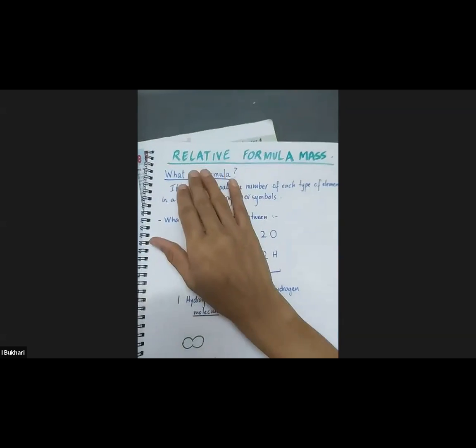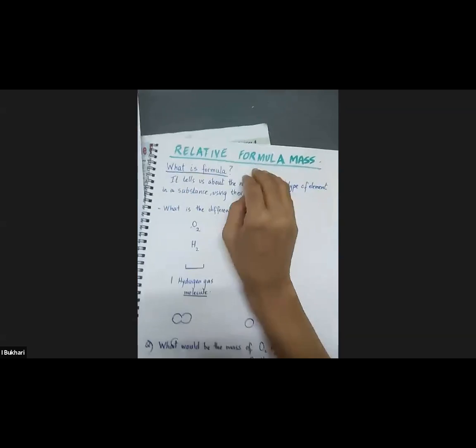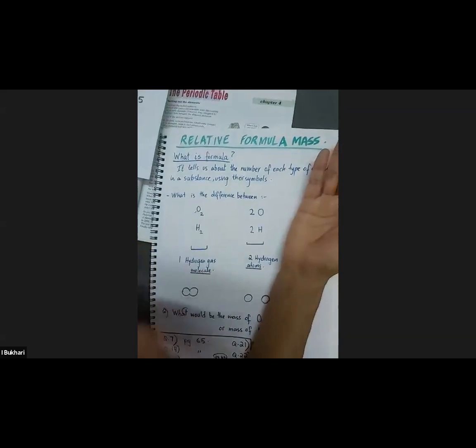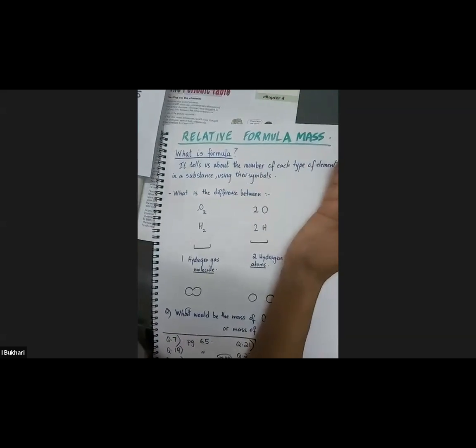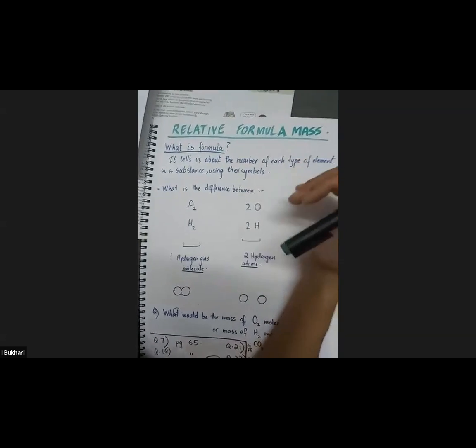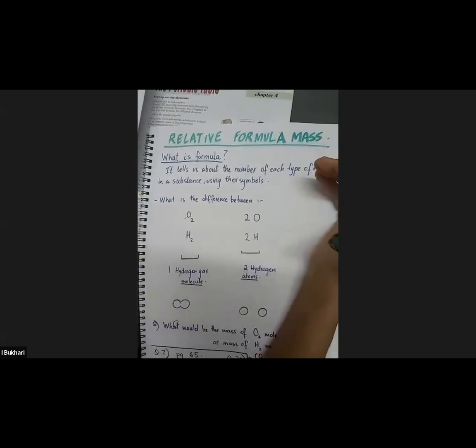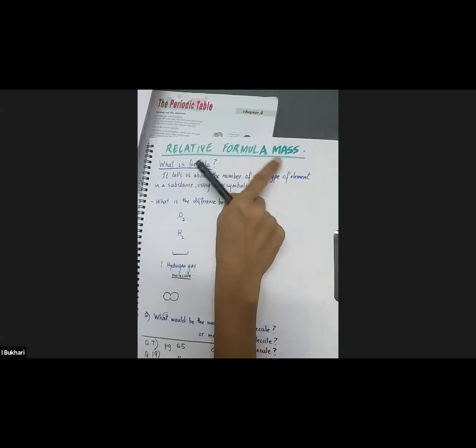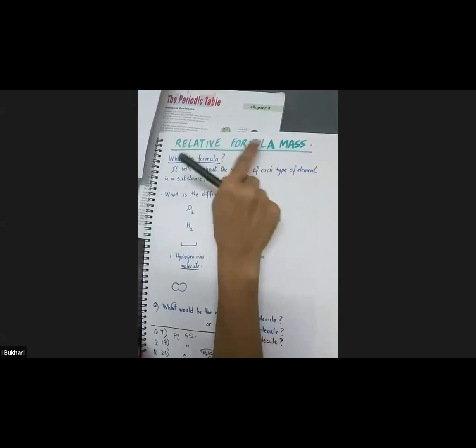The reason we use relative with formula mass is because formula mass is the sum of the relative atomic mass. Remember, the mass of each atom is compared to 1/12 of the mass of the carbon 12 isotope, right? Because we are using relative atomic mass, their sum gives us formula mass. Therefore, formula mass will also be called relative.